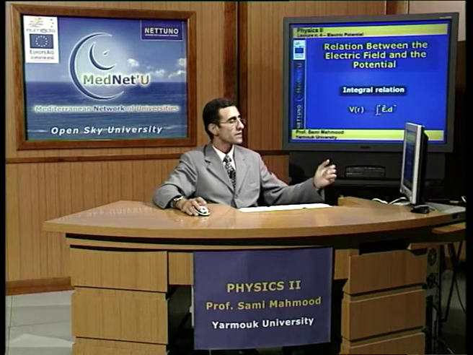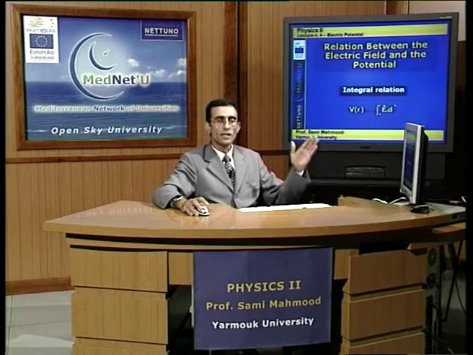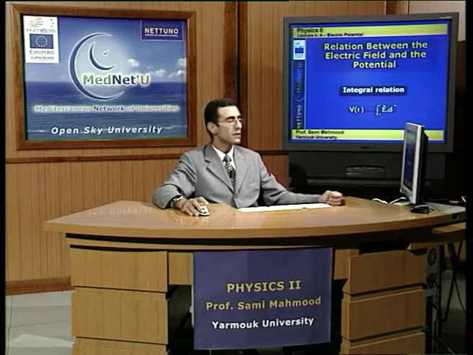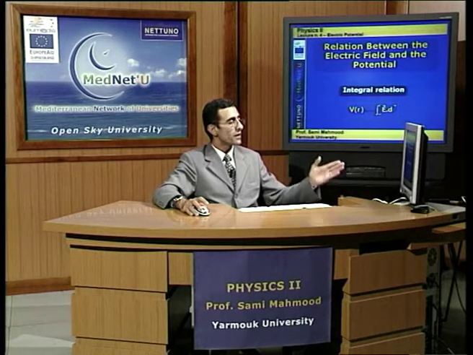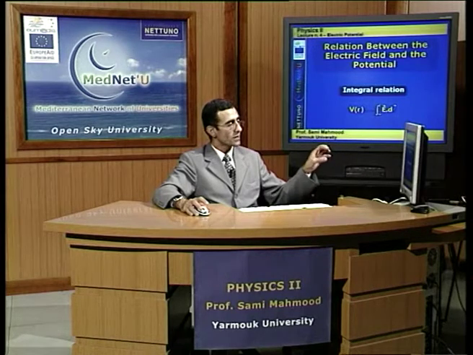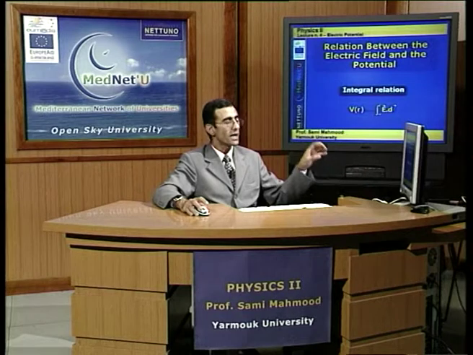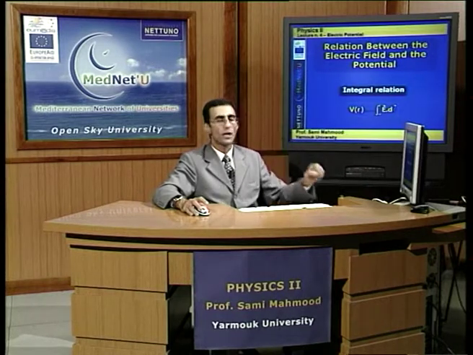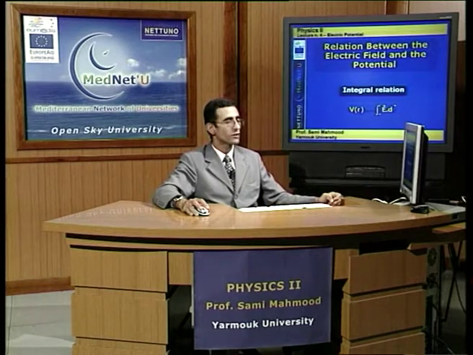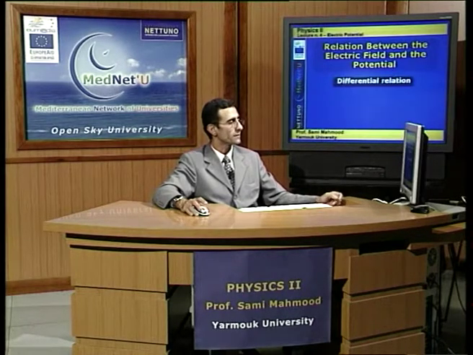That integral defines the integral relation between the electric field and the potential. This way we can derive the electric potential V sub R if we know the formula for the electric field. We can do the integration, and hopefully if it is simple enough, we can calculate it.